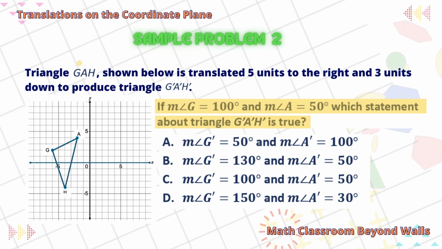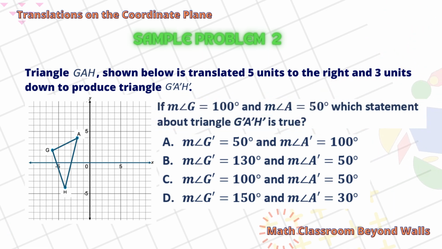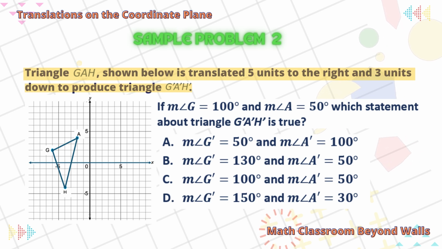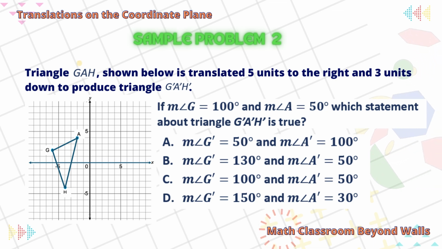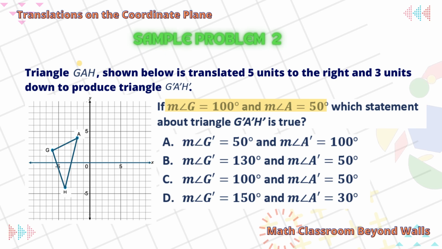Okay, so what are given here? That triangle GAH is translated 5 units to the right and 3 units down to produce triangle G prime, A prime, H prime. An accompanying figure of the preimage is given, and the measure of angle G is 100 and the measure of angle A is 50 degrees.